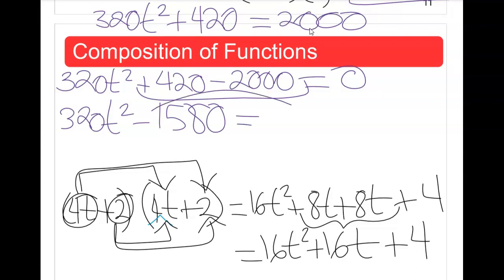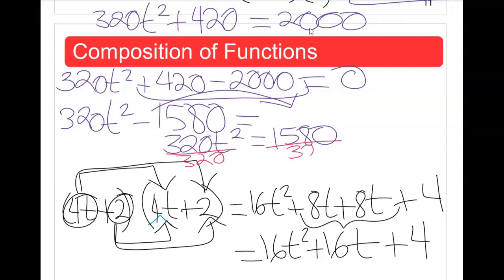And actually, let's try to do something. So if I take this across, it's going to be positive. So maybe we could divide instead of factoring, because we have pretty large numbers. What if we divide by 320 on both sides?